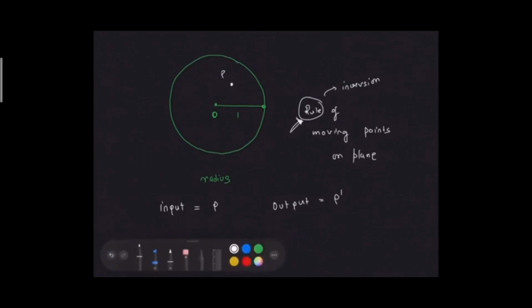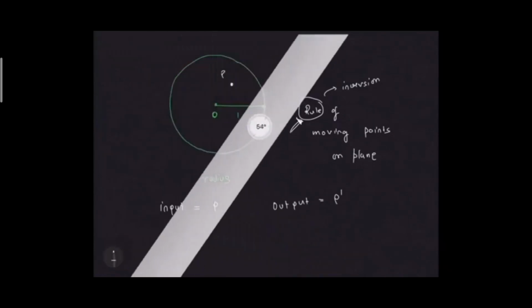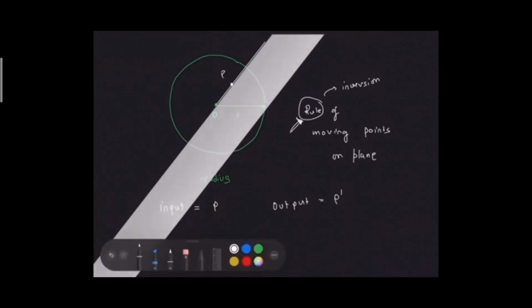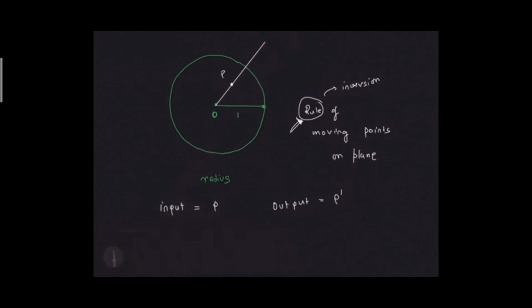So what was the rule? The rule was pretty simple. If I join OP and produce it in the direction of P, then find the point P prime somewhere out here, or maybe I can call this P1, such that the only condition it needs to satisfy is OP times OP1 is equal to 1.